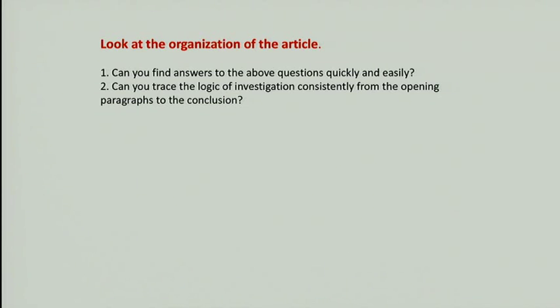Then look at the organization of the article. Can you find answers to the above questions quickly and easily? Okay, this comes back to the organization, to the architecture of the article that I was talking about. Can you trace the logic of investigation consistently from the opening paragraph to the conclusion? Now, this is important. When you read an article, you said in the morning that you read the title, you read the abstract, and then you decide whether it's important, whether it's good to read.